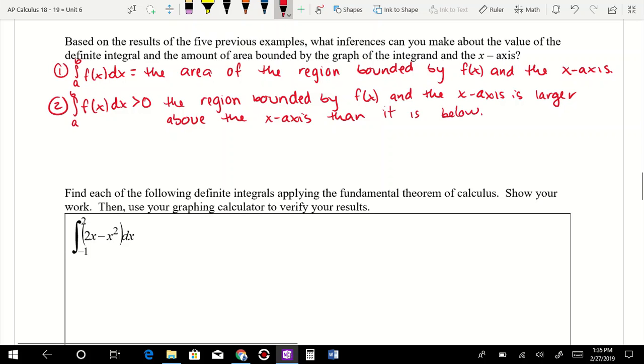Right, so there's more area above the x-axis than there is below the x-axis on that interval. Right, so on the interval from a to b.